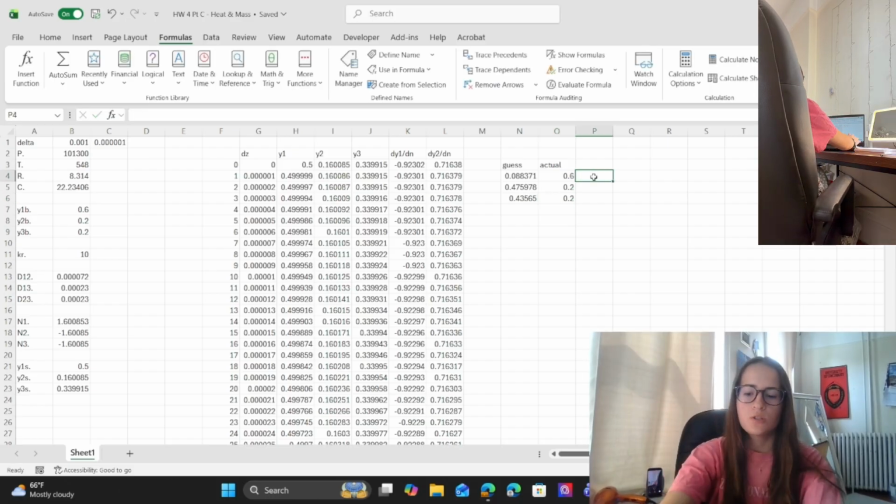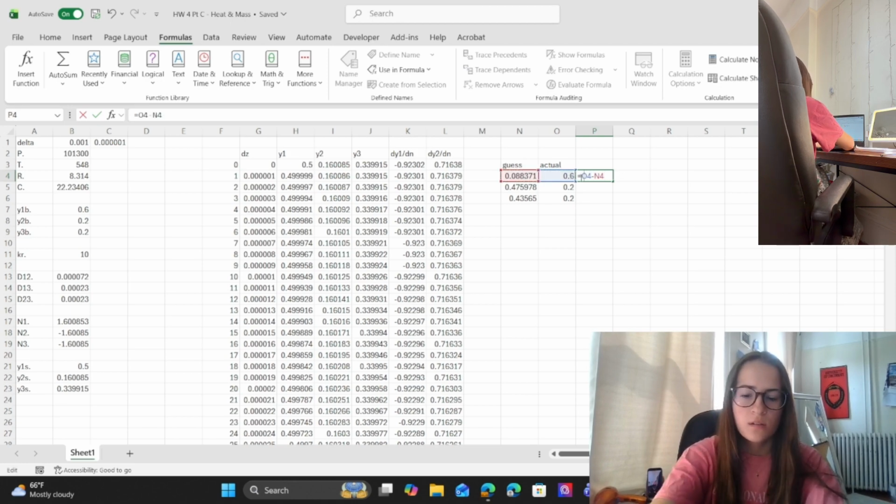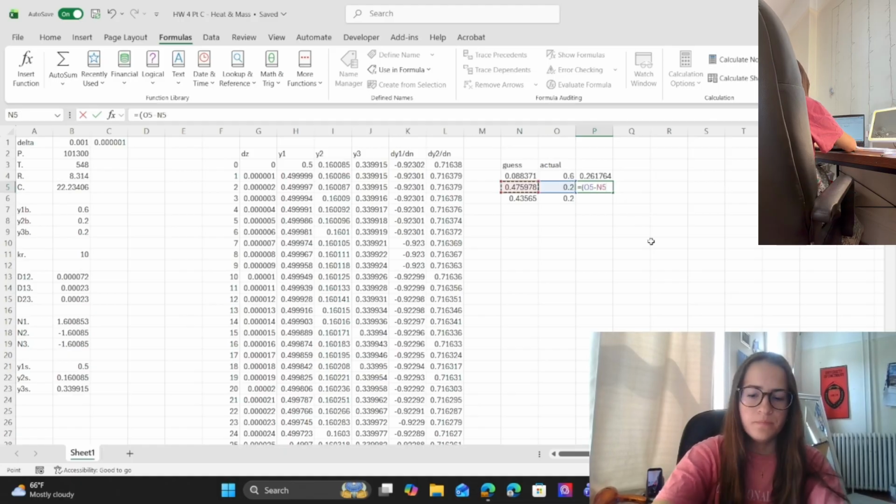So now we can do similarly to what we did last time, which is the actual minus our guess. Then we're going to square this because we're trying to get our error. Actual minus this.